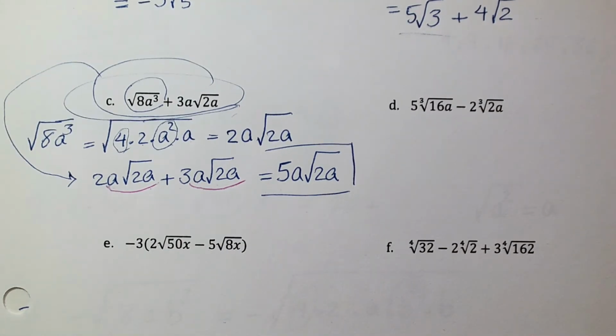So to add or subtract radical expressions, always try to simplify each term, and then if you find terms are similar, add or subtract them.